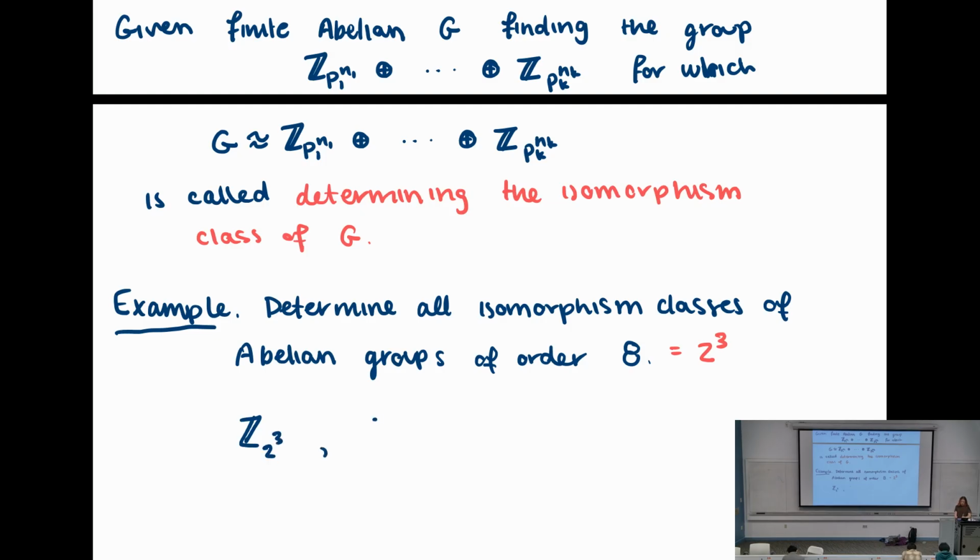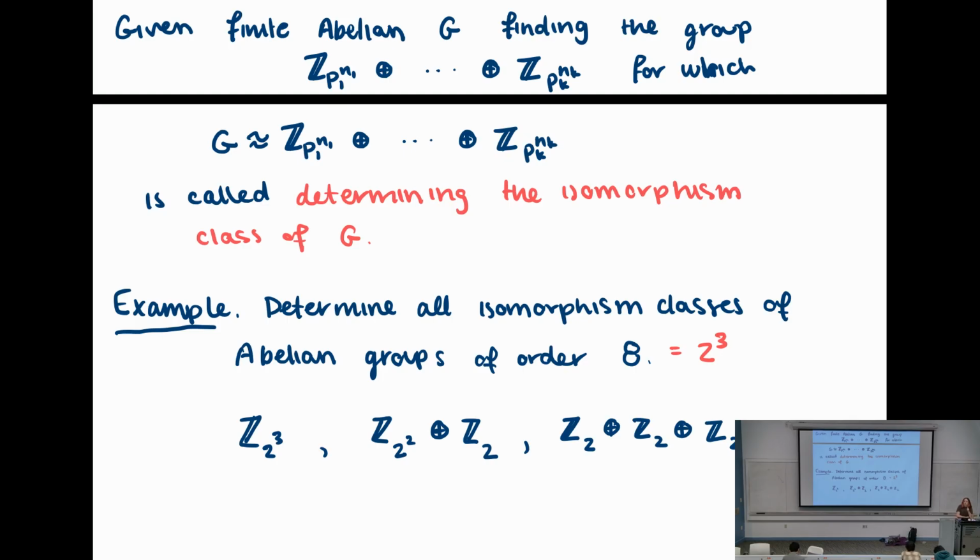But another option would be to leave 2 powers of 2 in one cyclic group and move 1 over to another one. And then there's one more possibility, so we could also fully break this up into a direct sum of 3 cyclic groups. Okay, so these are all of the options for what an abelian group of order 8 can look like.